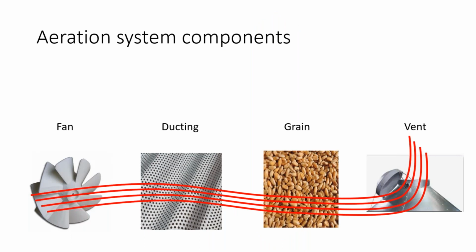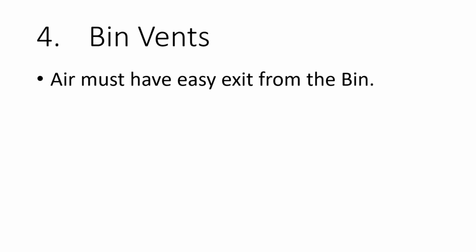The last item is venting. We've now gotten our air into the grain mass, and we've passed through it in as efficient a manner as we can, and now it's bin vents, which is a very simple item, but it just can't be overlooked. You must have easy exit from the bin.